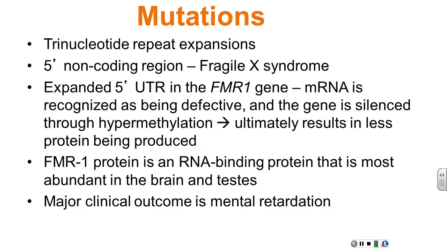The first one is in the 5' non-coding region. The most famous example is Fragile X syndrome. Okay, so Fragile X syndrome is caused by an expanded 5' untranslated region. So you have a trinucleotide repeat, and I didn't even give you what the specific repeat is. It doesn't really matter, but it gets expanded greatly.